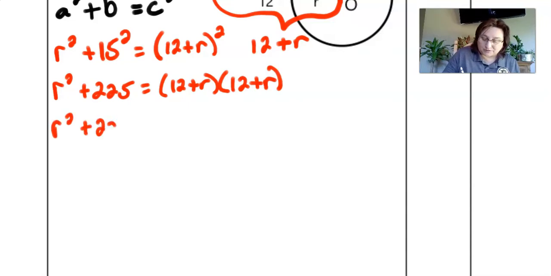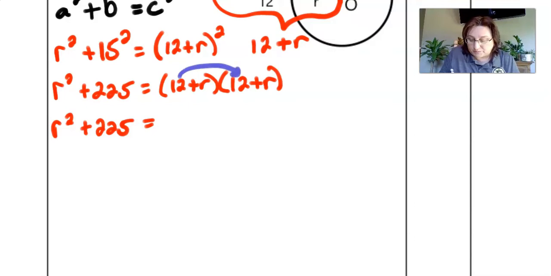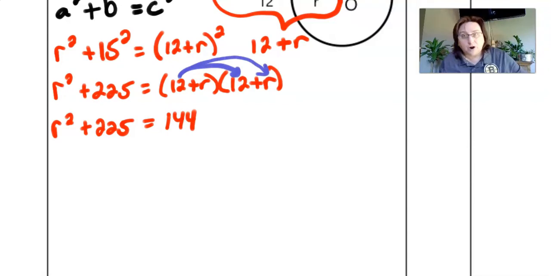Okay, so r squared plus 225 equals. On the right-hand side, we're going to do the first term first. We're going to multiply 12 times 12. Well, guys, 12 times 12 is 144. And then we're going to multiply 12 times r. That would give me positive 12r because both of them are positive.